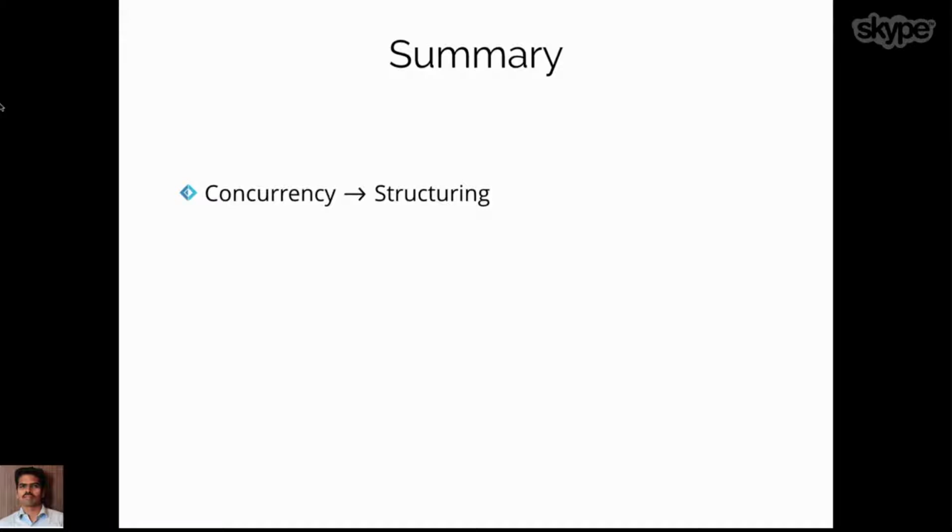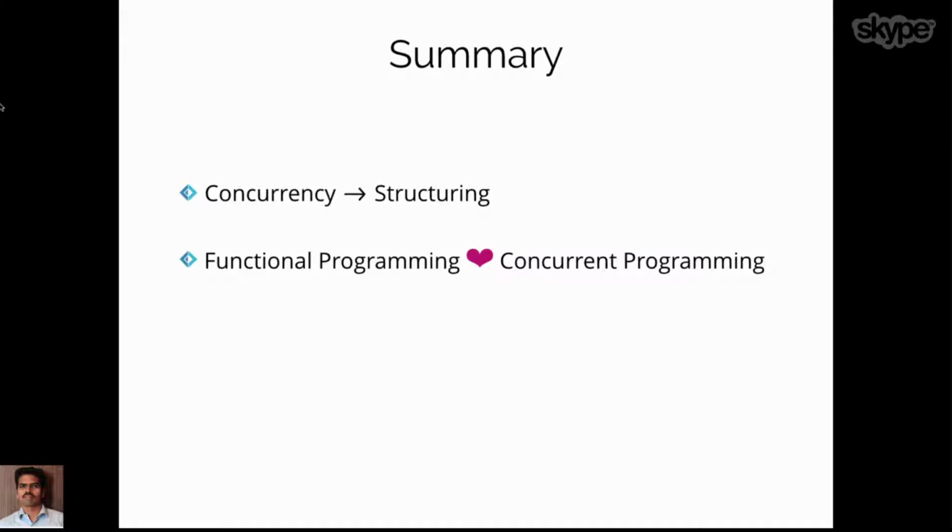If we do that together, concurrent programming becomes very natural, and it is very close to functional programming. It's just a matter of putting some more abstraction on top of whatever we have done, and we can make things concurrent with less code.